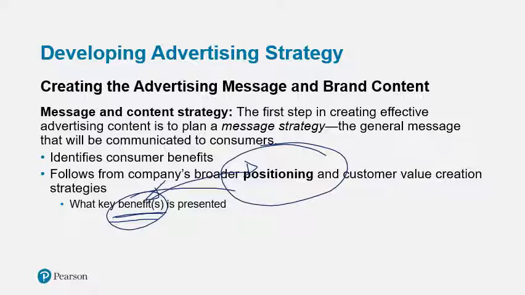So if you're talking about a car, or chocolates, or an age-reducing cream for, for example, your eyes or your face, the benefits are going to be unique to that particular industry, but there are some overarching benefits that are going to show up in many industries, such as performance, reliability, luxury, and affordability.